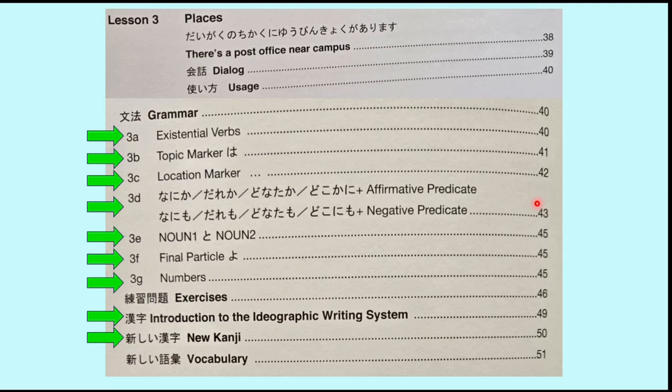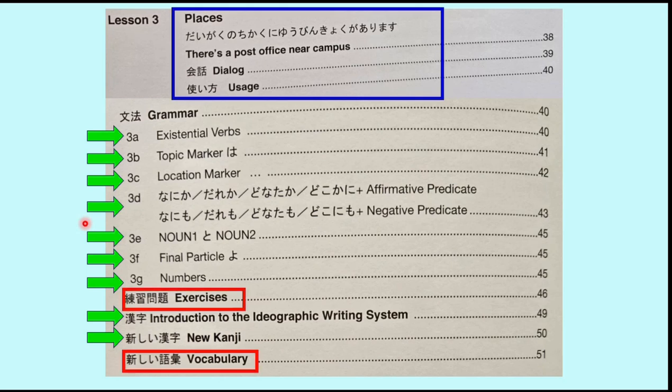As you can see, the green arrows indicate the topics that we have already covered in the previous 3 lectures of this series, and we are left with 3 topics of this lesson, among which the one identified in this blue box will be done in today's lecture. And in the next lecture, that is lecture 13 of this series, we will do the exercises and vocabulary of this lesson, and in that way lesson 3 will get completed.